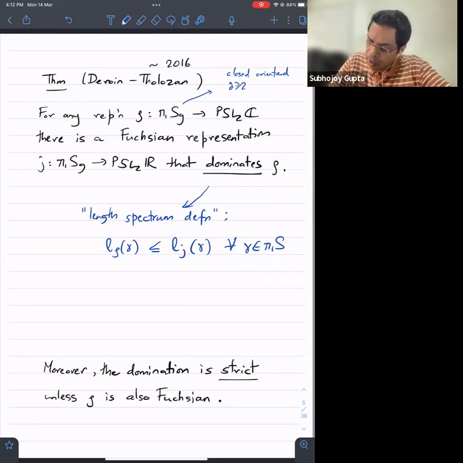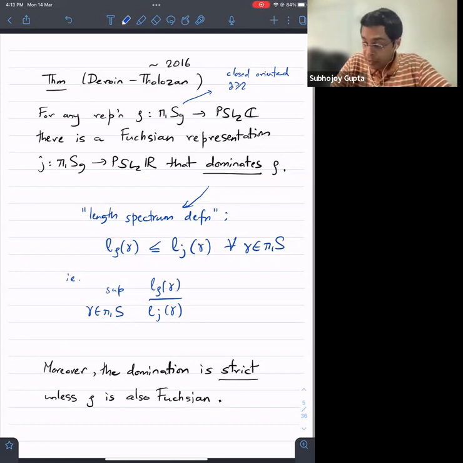Let me rewrite this length spectrum definition of domination slightly differently, because then the next statement in the theorem would make better sense. I can say that the supremum, as you vary over all curves in the fundamental group of the surface, of this ratio is less than or equal to 1.